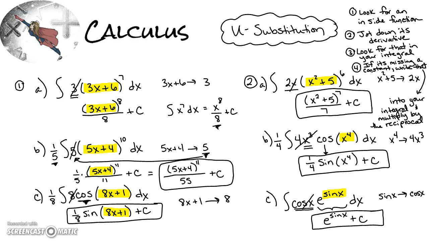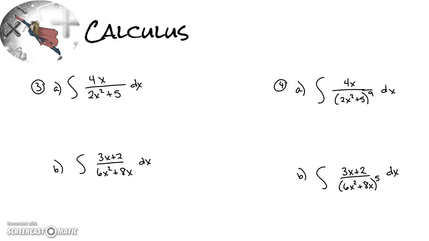Let's look at page 2 here. I've got just a couple more set up. The ones in number 3, you probably are noticing that on the bottom we have 2x squared plus 5, and if you think about its derivative, it is 4x, and that's what's sitting on top. Now that's no coincidence.